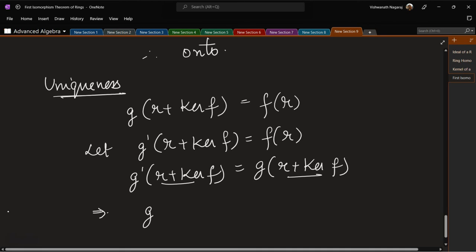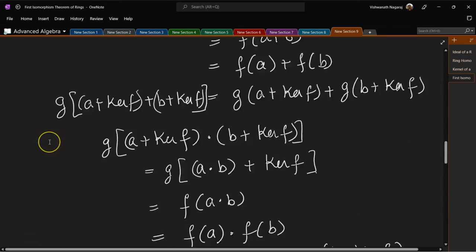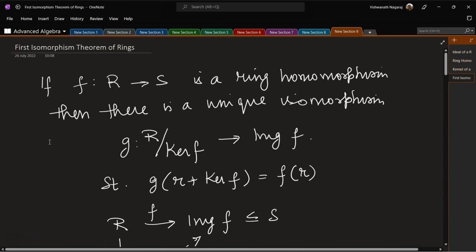So that means G prime is equal to G. Therefore it is unique. So that is the first isomorphism theorem of rings.